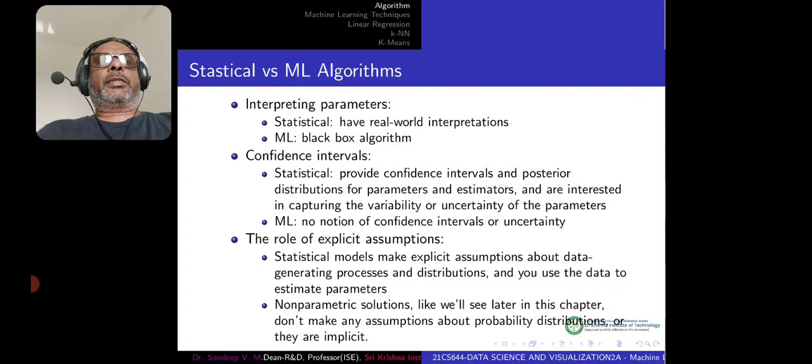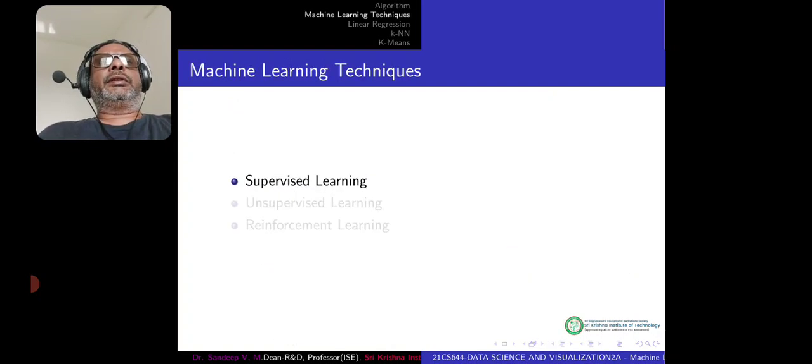Whereas the non-parametric solutions, like we see in this chapter, do not make any assumptions about the probability distributions, and they are implicit in nature.